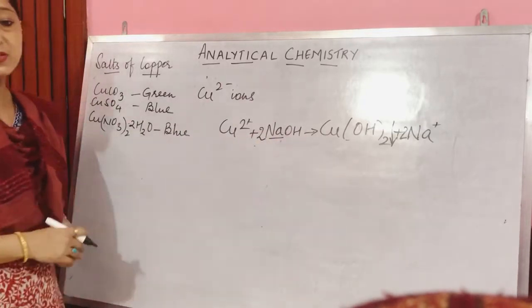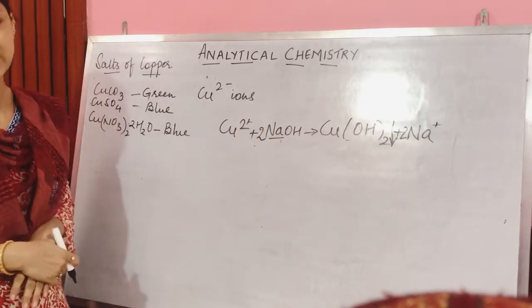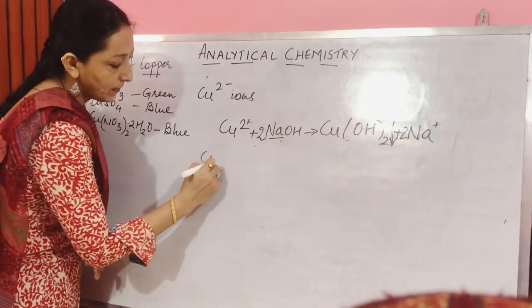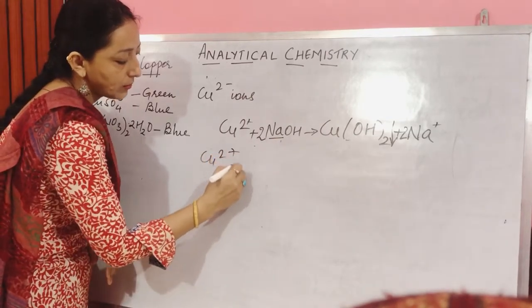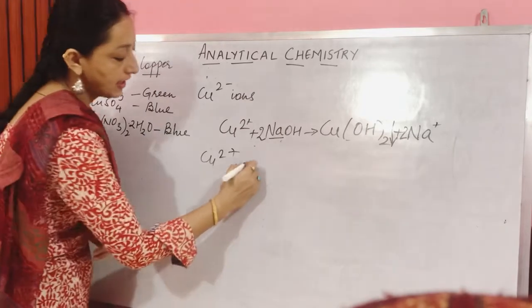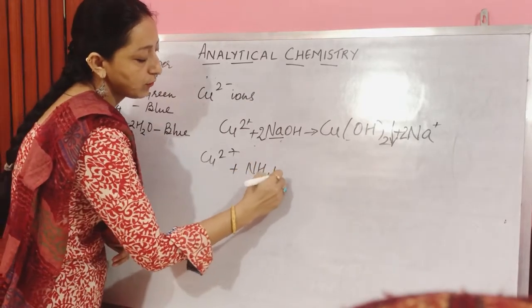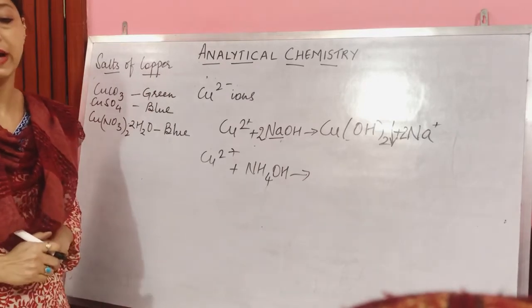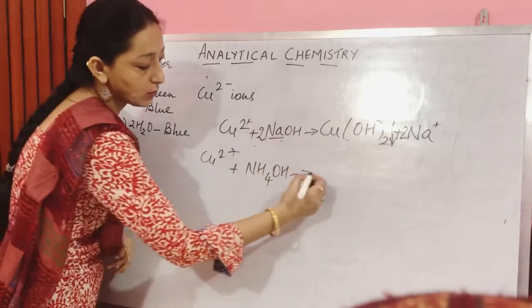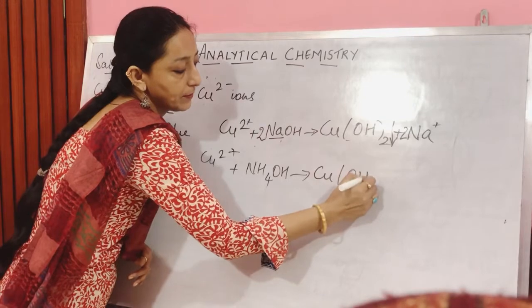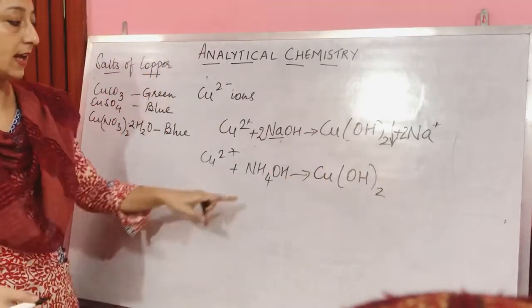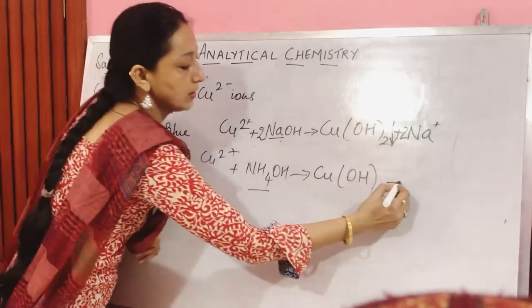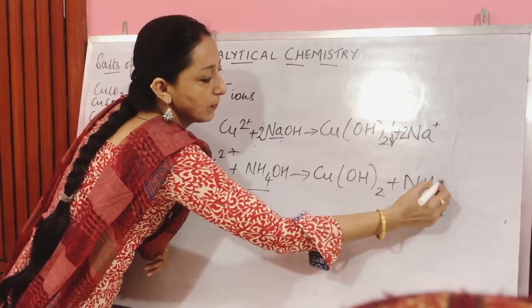Now, action of ammonium hydroxide; this was the action of sodium hydroxide. What happens when ammonium hydroxide is added? Copper, when it reacts with ammonium hydroxide, NH4OH, forms copper hydroxide, which is also pale blue, and NH4 ammonium ions are formed.